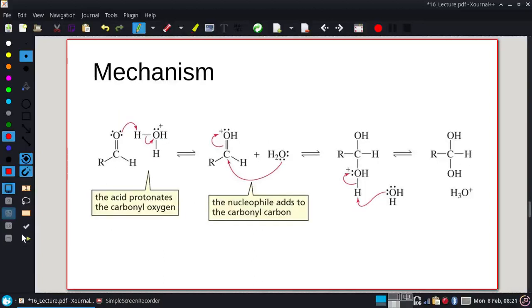We're going to actually protonate our carbonyl to make this a little bit more electrophilic, so our nucleophile can attack easier, and then we just deprotonate it, and we have a very neutral tetrahedral. But everything's two-way, because I could just as easily undo all that and go backwards. The acid's just needed to catalyze the reaction.